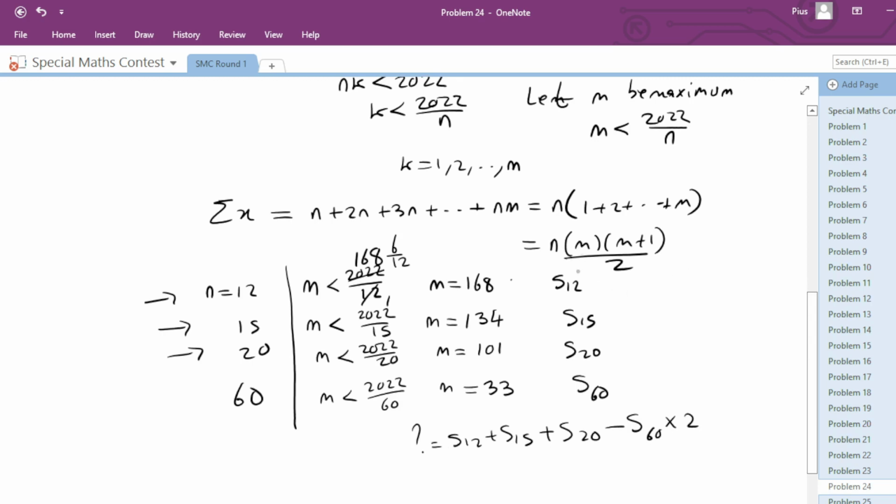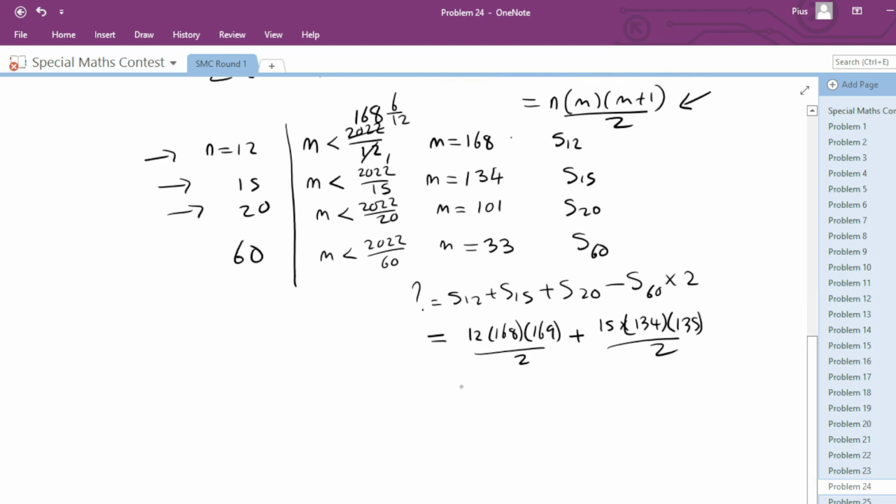We're just going to apply this formula to get each of the values of S. So this is going to be 12 times 168 times 169 over 2, and then 15 times 134 times 135 over 2, plus 20 times 101 times 102 over 2, minus 2 times, for 60 now, 60 times 33 times 34 over 2.